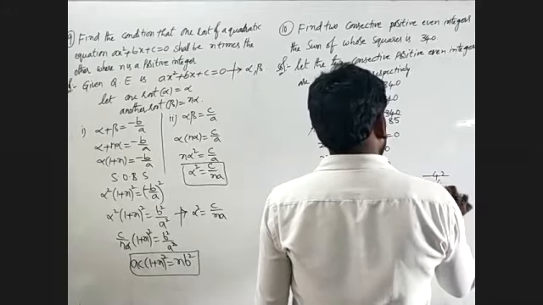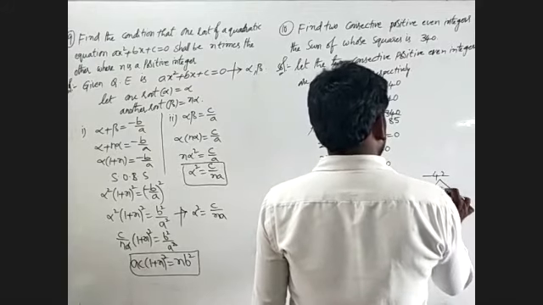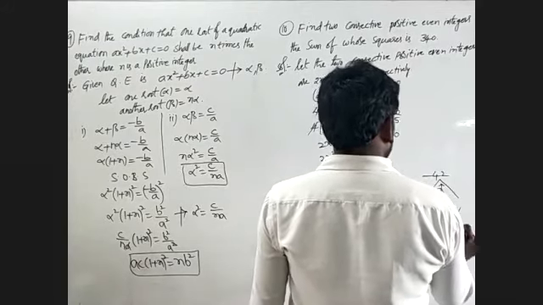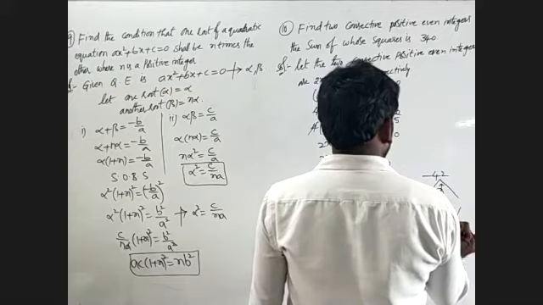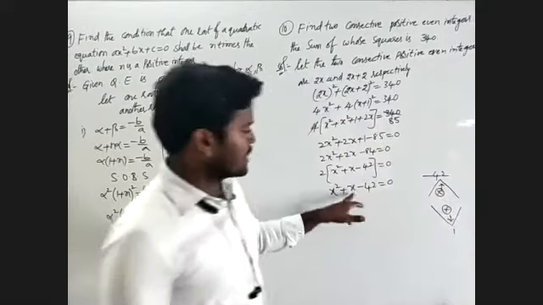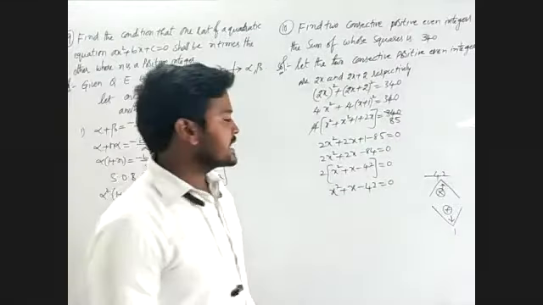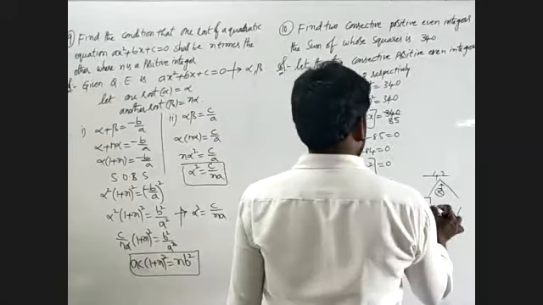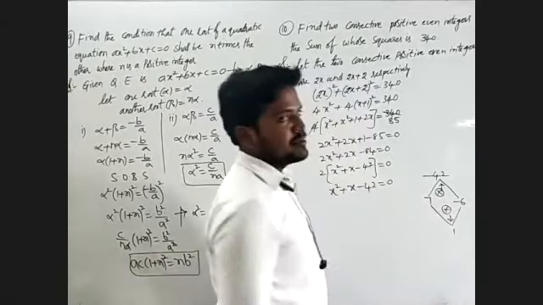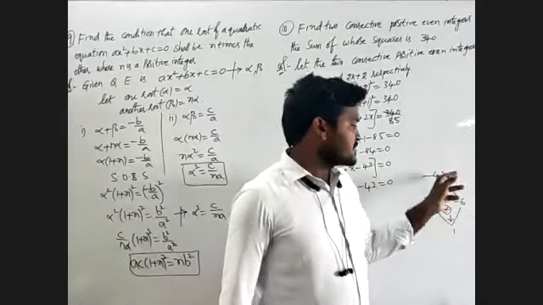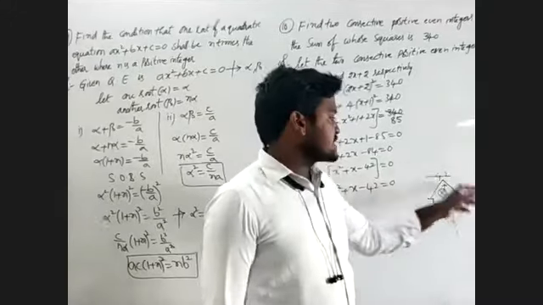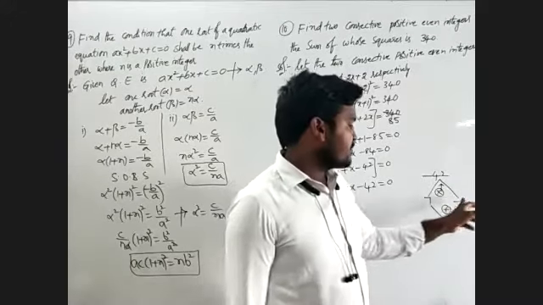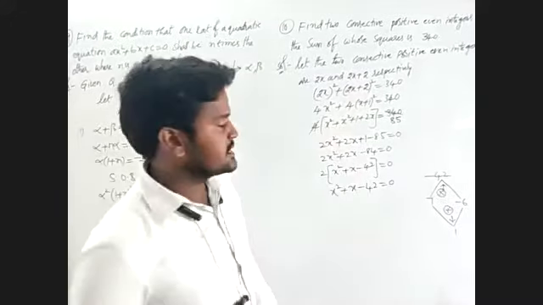We need two numbers whose multiplication is minus 42 and whose addition is 1. I will take the values 7 and minus 6. Plus into minus will become minus. 7 times 6 is 42, and 7 minus 6 is 1.